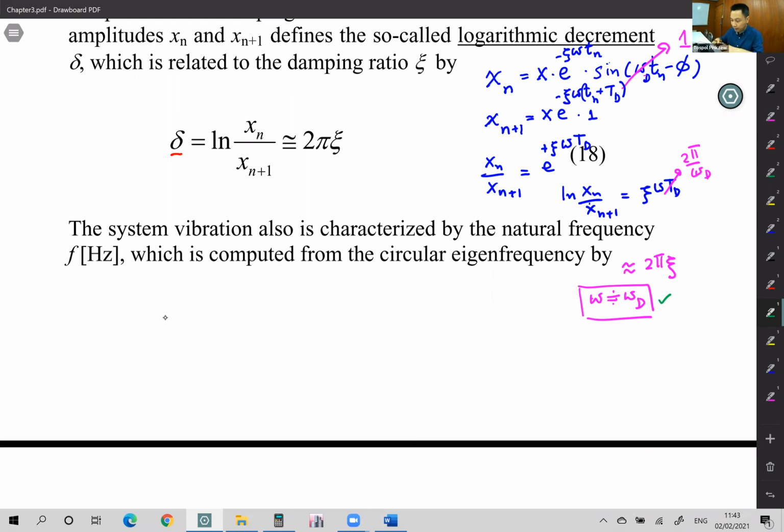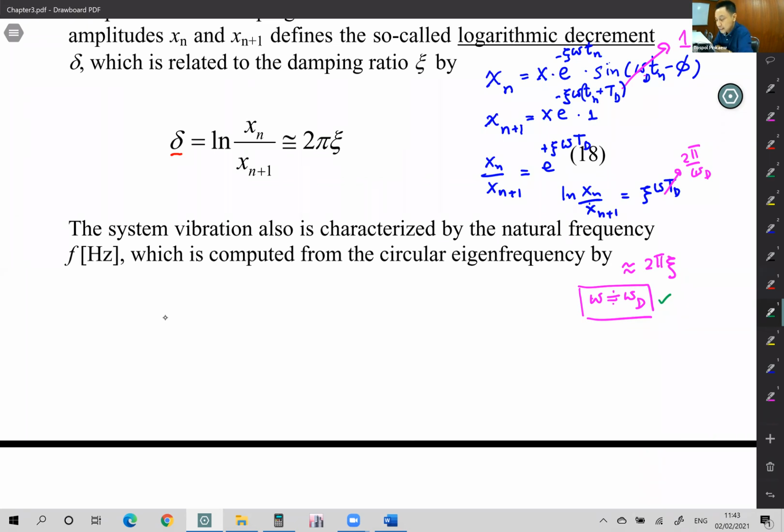If you check your car, if you press it down like this, it bounces up and down and then stops very fast, due to the very high damping ratio of the car suspension. Compared with that, our structures, the building and the bridge, have a very, very small damping ratio.